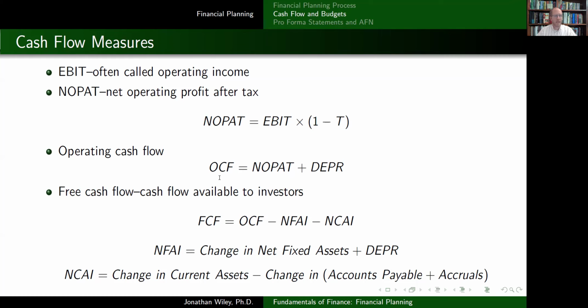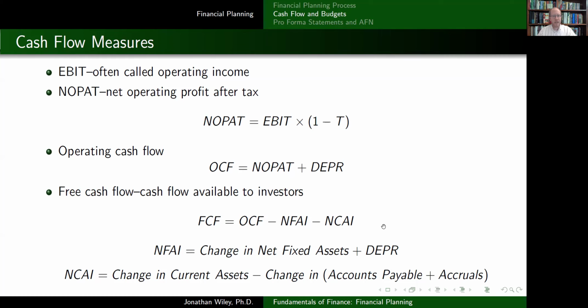Well, to find that, I'm going to take the operating cash flow figure, but then I'm going to make more adjustments. And so I have these two subtractions here, minus this NFAI and minus this NCAI. So this NFAI is basically going to be the net fixed asset increase. And then this NCAI is the net current asset increase.